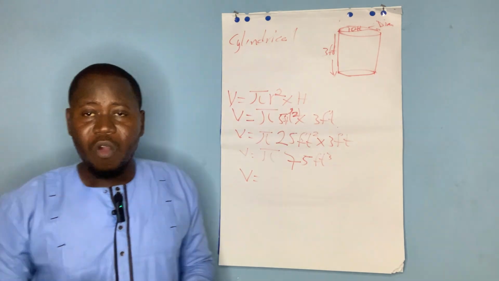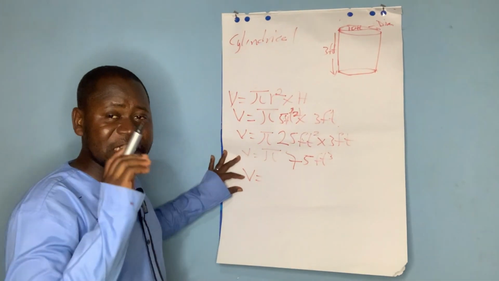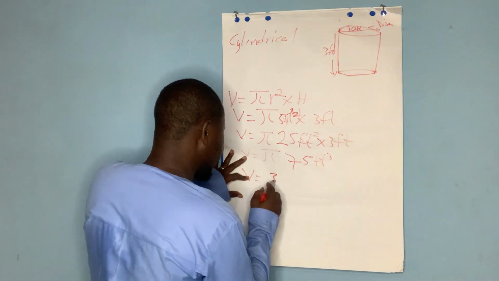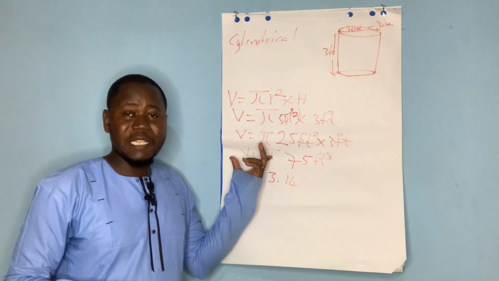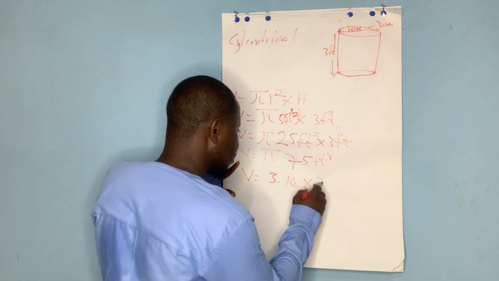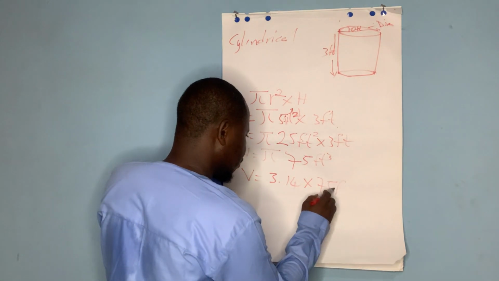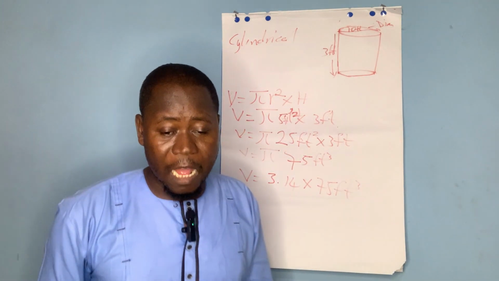So now let's see. Pi also has a standard value. Pi standard value is 3.14. So we are now representing this by that times 75 cube. So let's calculate.